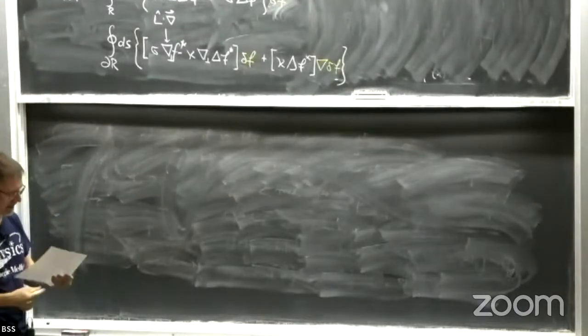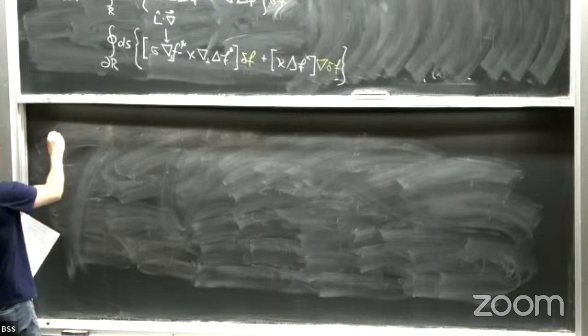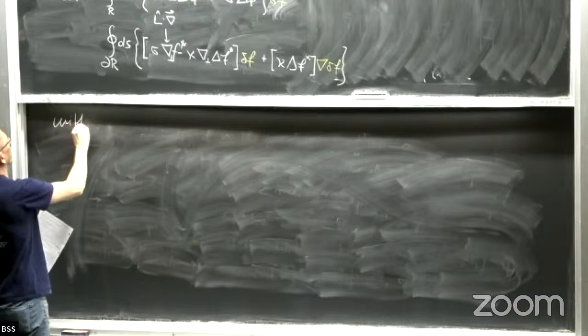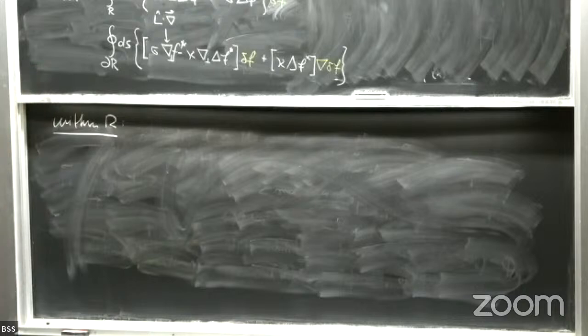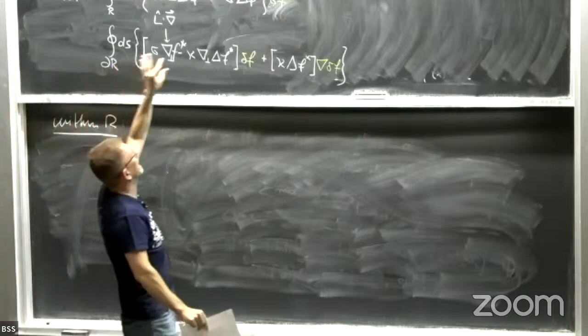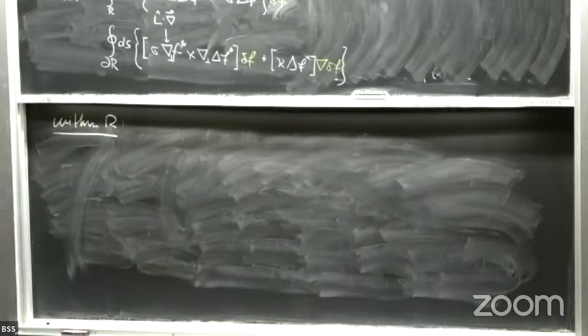So the first thing is, oh, here's all the yellow stuff accumulated. Okay. Within R, making this vanish means making the first integral vanish. That first integral is integral dx dy, yada, yada, yada, times delta f. Delta f can be anything you want it to be.